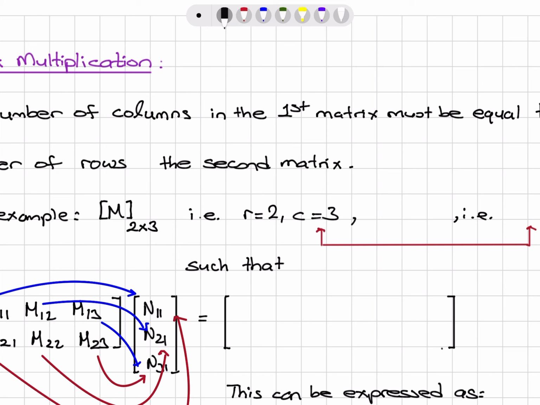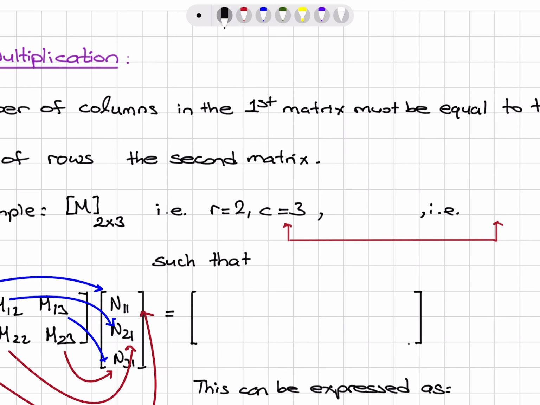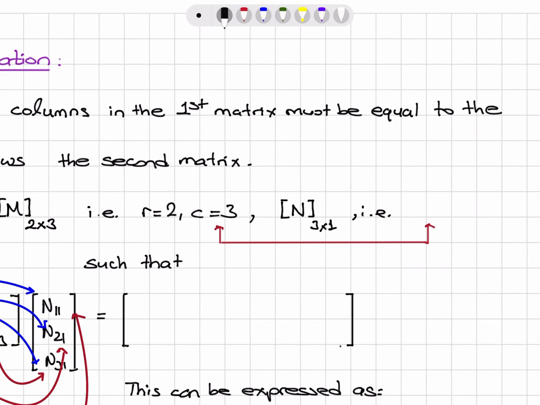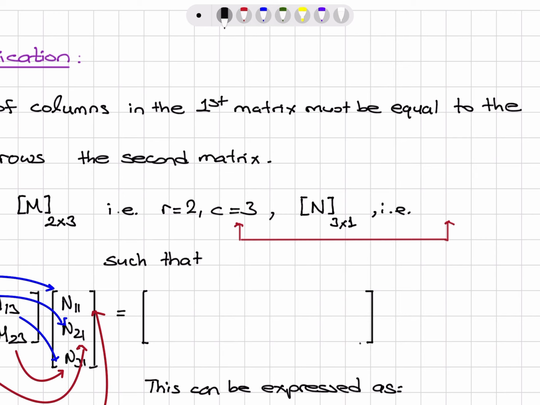Then if we have another matrix N, which consists of 3 rows but 1 column, so N is another matrix with 3 rows and 1 column. That is to say, here we have R is equal to 3 and C is equal to 1. Now here you can see that the number of columns in the first matrix matches the number of rows in the second matrix.